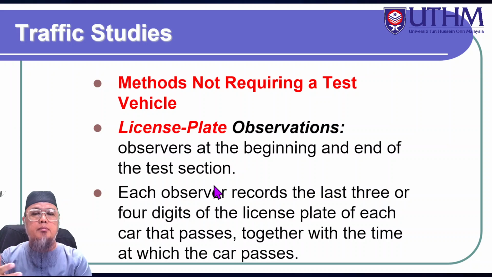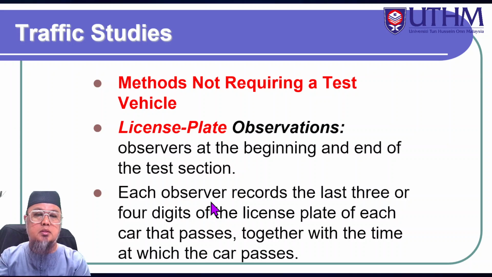Okay, there are other techniques as well that do not require a test vehicle. The other technique that can be used to get data on travel speed and delays is license plate observation, with observers at the beginning and end of the test section.